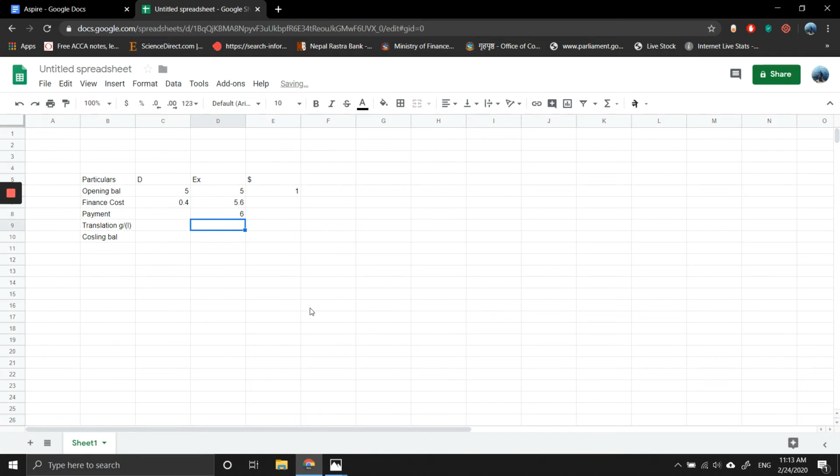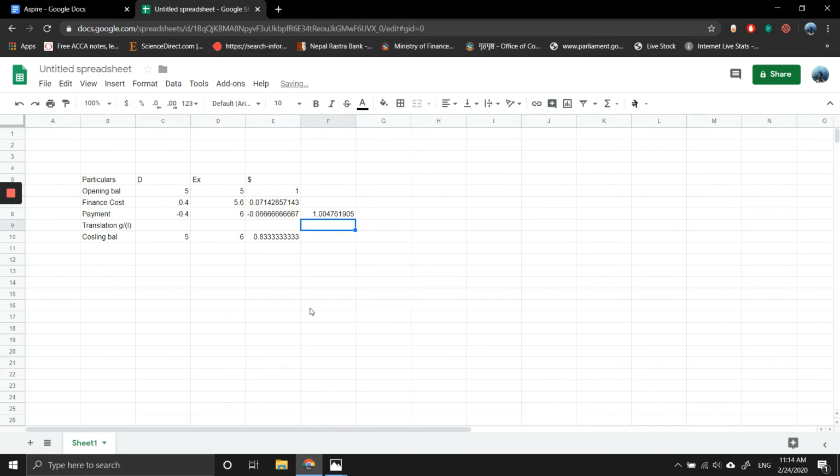The payment will be at the closing rate of 6. How much did we make payment for? We made a payment for the interest amount, the same amount. So our closing balance will be the sum of all this. Let's add all this up.